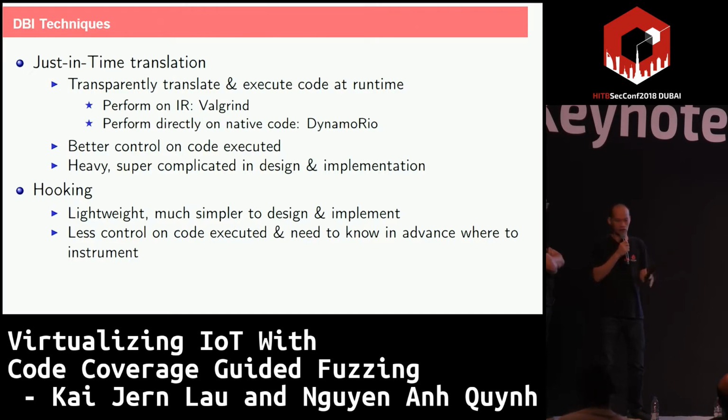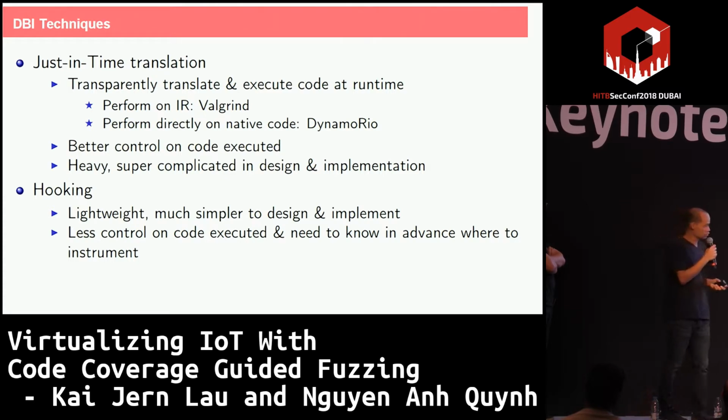They do not run the original code. JIT gives you very good control over the code executed, but it's very heavy and very complicated in design and implementation. This is why those existing DBIs have many limitations, because it's too hard to do.